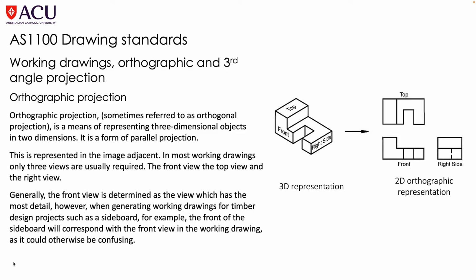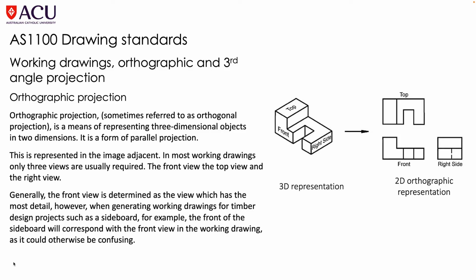And that's specific for third angle projection, which we'll talk about shortly. Generally, the front view is determined as the view that has the most detail. However, when generating working drawings for timber design projects, such as a sideboard, for example, the front of the sideboard will correspond with the front view in the working drawing, as it could otherwise be confusing.